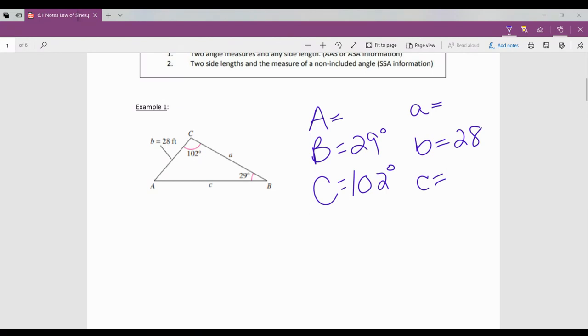Now, the first thing that I could easily find is angle A. So I can do 180 minus 29 minus 102, because the three angles of a triangle should add up to 180. So A is going to be 49 degrees. It's pretty straightforward to find.